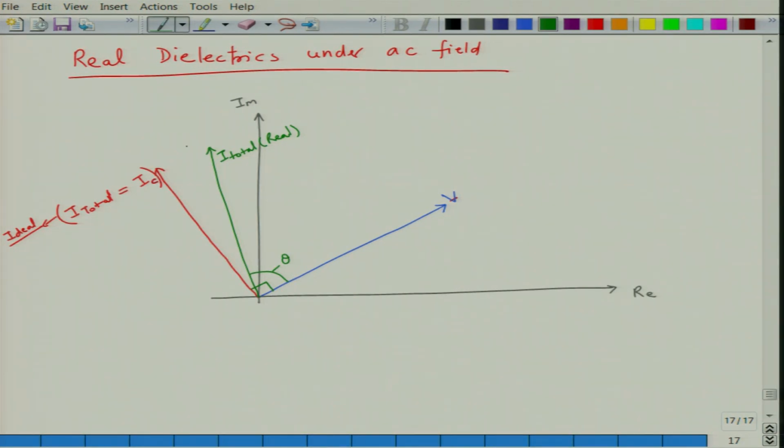So it has two components. The first component is the I_C component, the charging component, and this would be what we call the loss component.